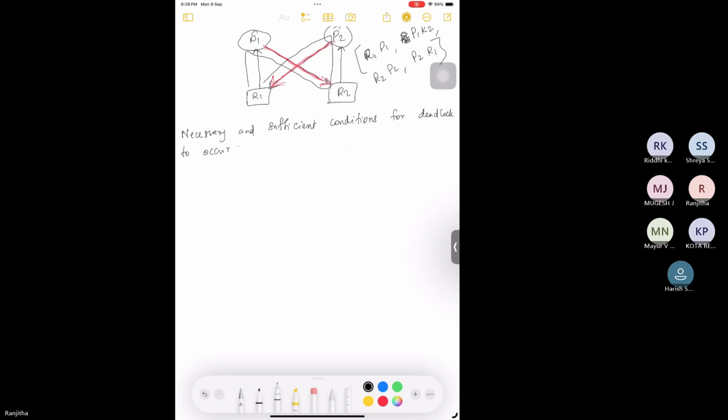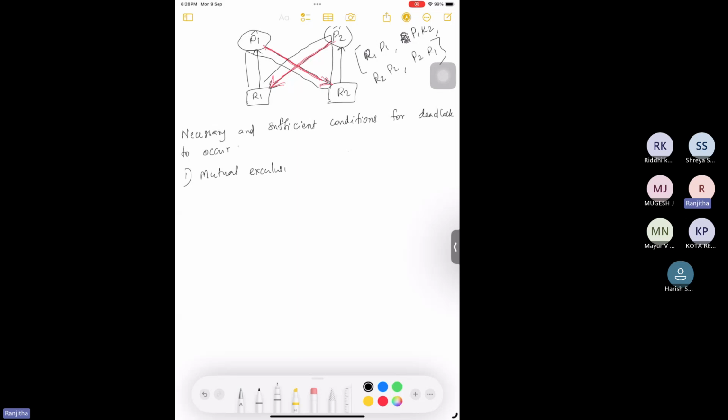The first condition is mutual exclusion. So these are the conditions necessary for a deadlock to occur. Okay. So if we can break any of these conditions, then we can ensure that a deadlock will not occur in the system. So if all these conditions are met, there is a potential chance for deadlock to occur.